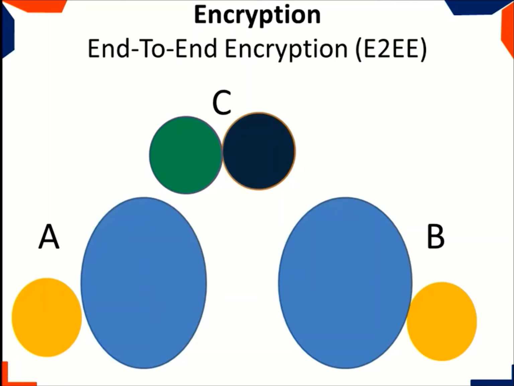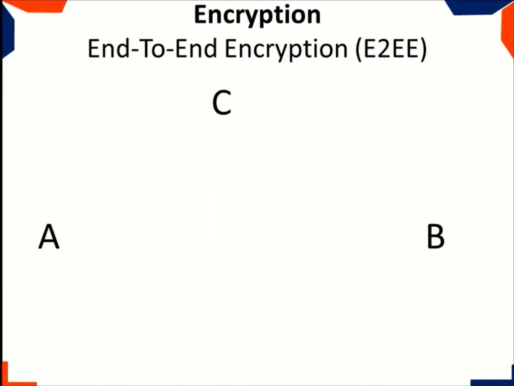Let me put it in numbers so you will understand it more clearly. We have A, B, C. Let's say A and B have one, shared publicly, so C also knows there is one.